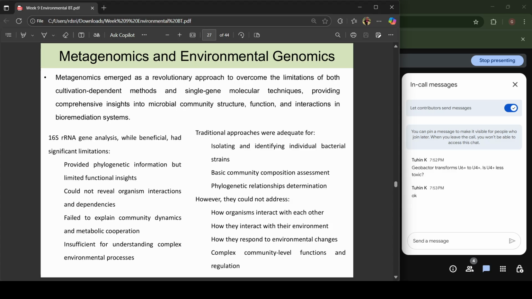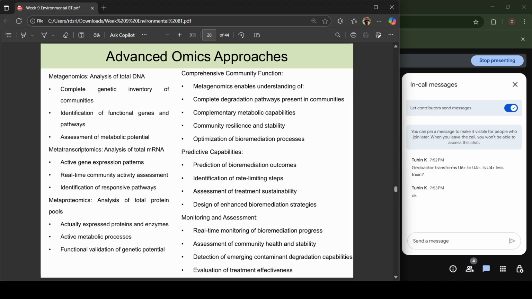It fails to explain the community dynamics, and it does not give enough understanding about the complex processes. So all these disadvantages we saw from 16S rRNA gene analysis. Traditional approaches also have their own disadvantages, like not replicating the natural scenario. So that is why we go for the metagenomics approach.